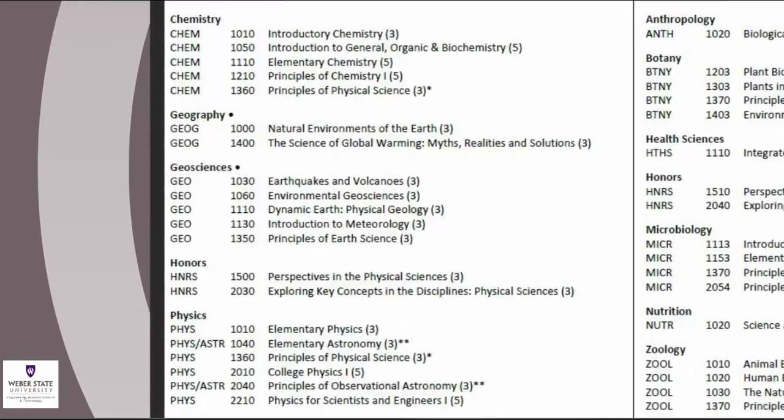Please note that mechanical engineering technology majors are required to take Chemistry 1110 and either Physics 2010 or Physics 2210. This means you will choose these courses to fulfill your physical science requirements. You will also need to choose an additional course from the life sciences.